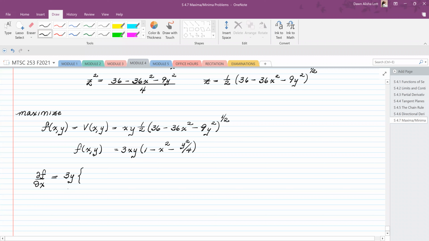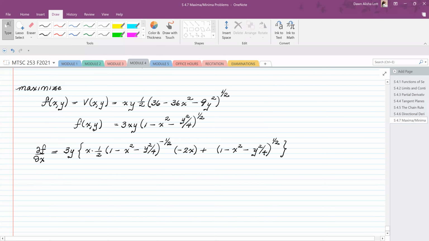And I'm going to get the first, which is x, times the derivative of the second, which is 1/2 times 1 minus x squared minus y squared over 4 to the negative 1/2 power times negative 2x, plus the second, 1 minus x squared minus y squared over 4 to the 1/2 power, times the derivative of the first, which is just 1.